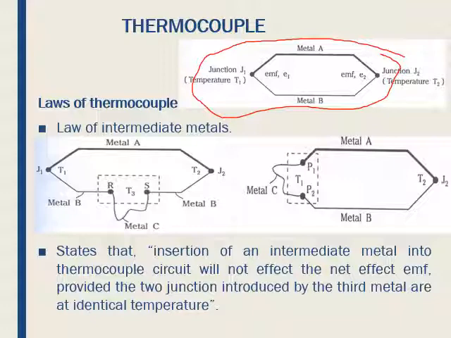It would seem that the introduction of other metal would modify the EMF developed by the thermocouple and destroy its calibration. However, the law of intermediate metals states that introduction of third metals into the circuit will not have any effect upon the EMF generated so long as the junctions of the third metal are at the same temperature. Hence, welding or soldering will not affect the overall temperature.